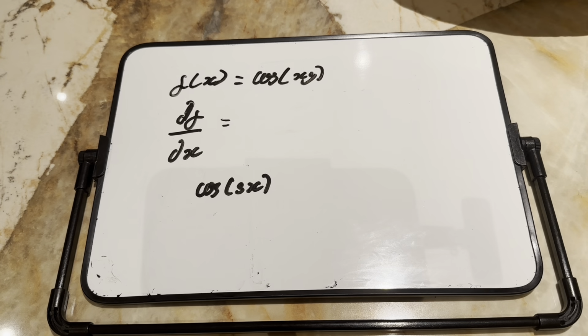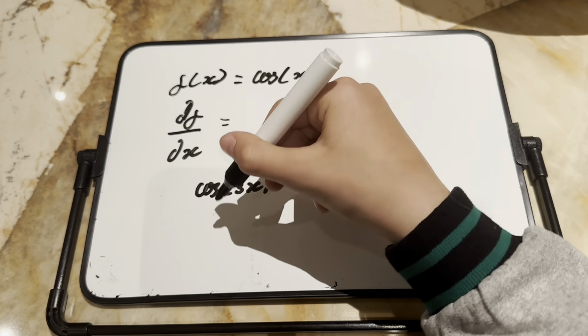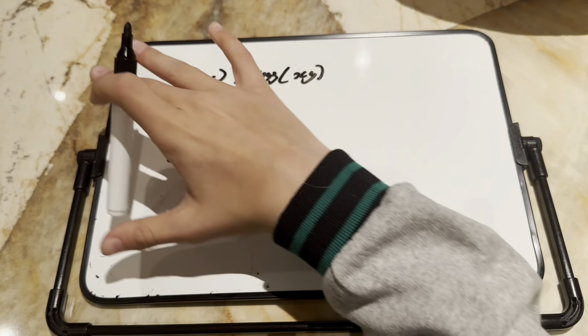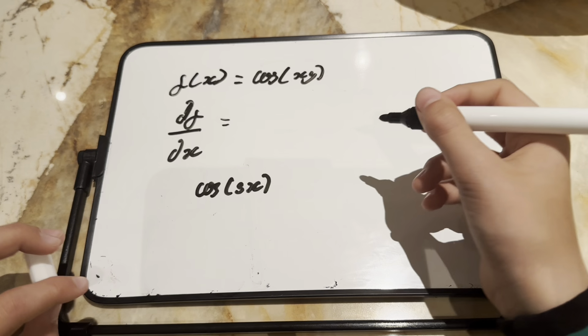So let's solve this. Now you just need to find the derivative, no partial derivatives at this point, of cosine of 5x.